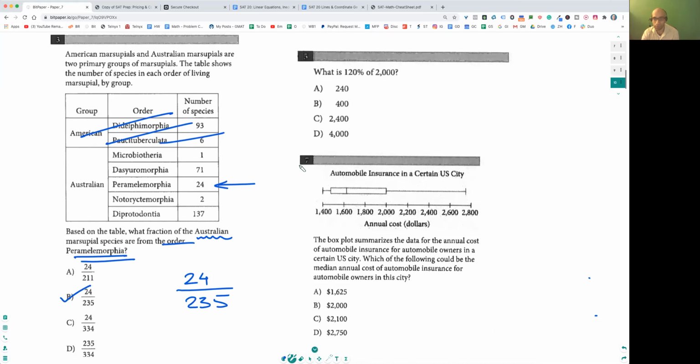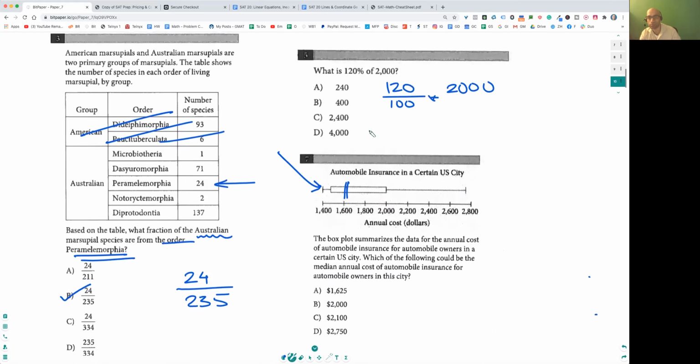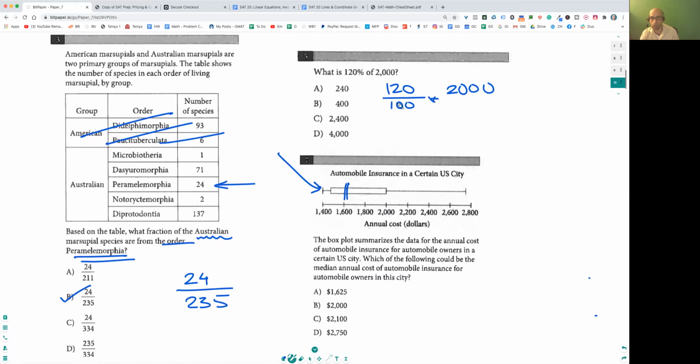So try this problem. This is something that we've done before, right? Super easy. Median means this number here. And this is, by the way, 120%. What does it mean? This divided by 100 times 2000. So this zero goes with this zero, and so you get 2400 here.